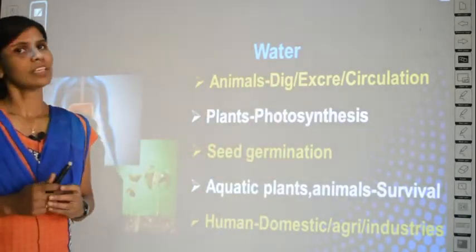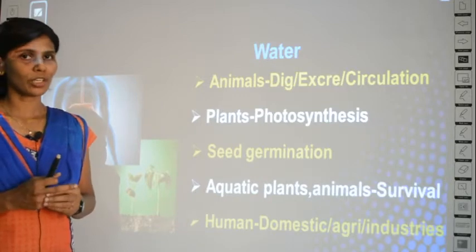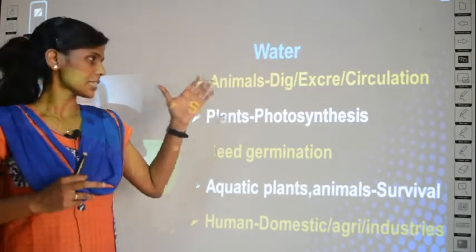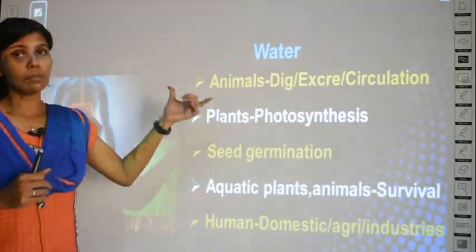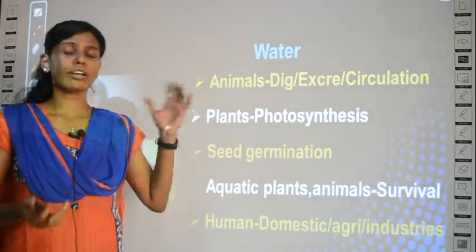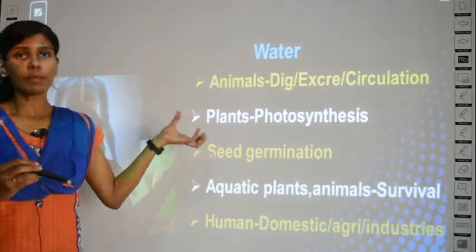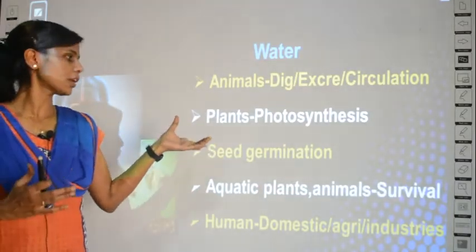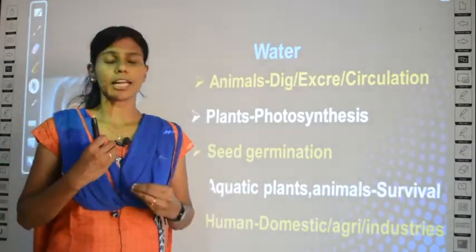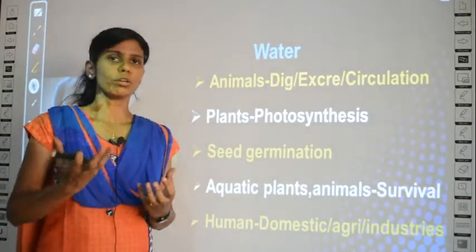So what all have we studied about the abiotic component called water? Water is essential for animals inside the body for the process of excretion, digestion and circulation. What about plants? Plants need water for photosynthesis and also for germination of seeds.